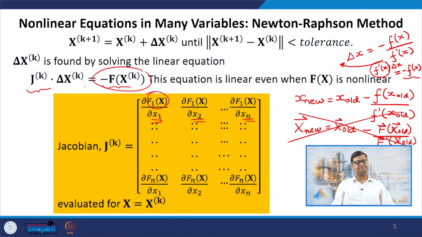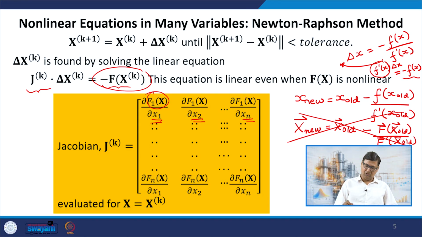So we have this. Now the main, I would say, interesting aspect of this is that when I look at this Jacobian, at first glance it seems to be quite complicated, but I am evaluating the Jacobian for a given value of x. I am doing it for the old value of x.